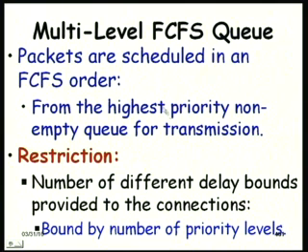Packets are queued in different queues depending on their priority, and then they are taken up as soon as they are available. So, there is no unnecessary waiting time involved here. As soon as the link is available and there are no higher priority packets to be transmitted, they are transmitted.